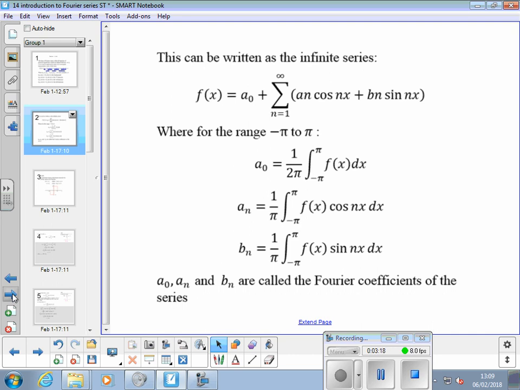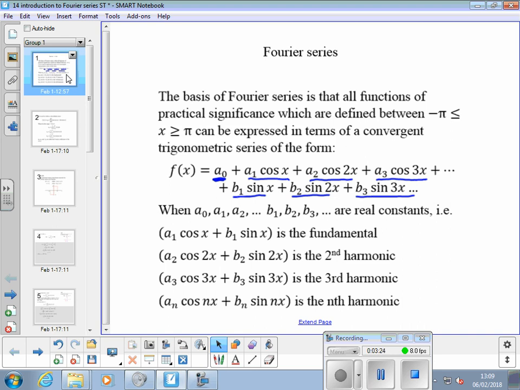That's an infinite series. By the way, I'll just go back to the first page, something I didn't explain. What it means by convergent is that these terms, the A's and the B's, are getting smaller as you go through the series. So the amplitudes will be convergent towards 0. That's what that means.